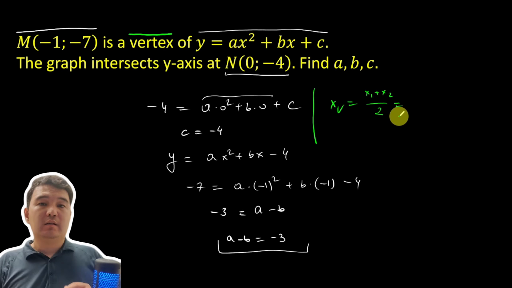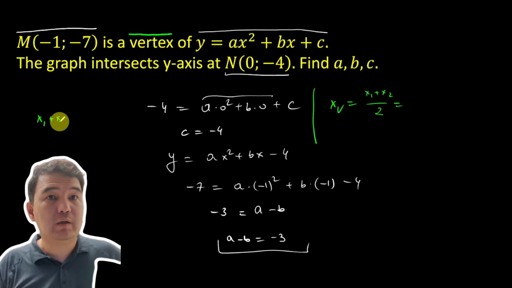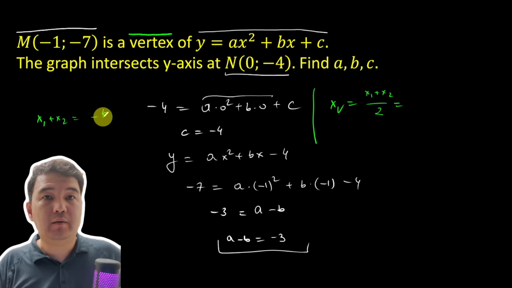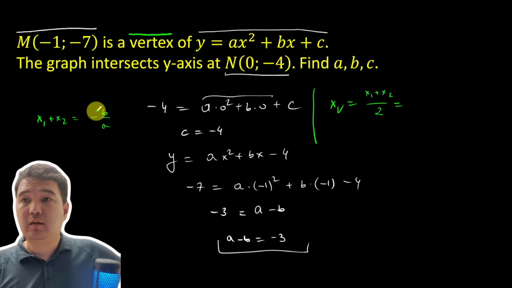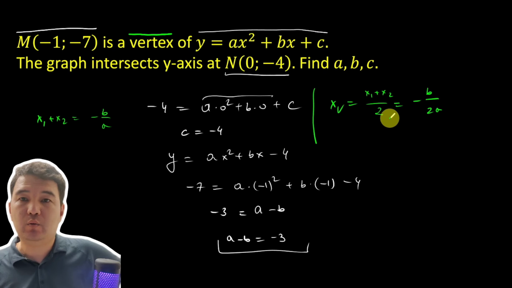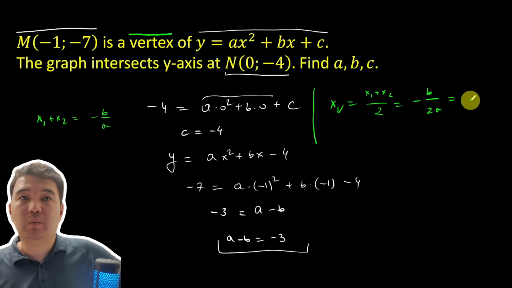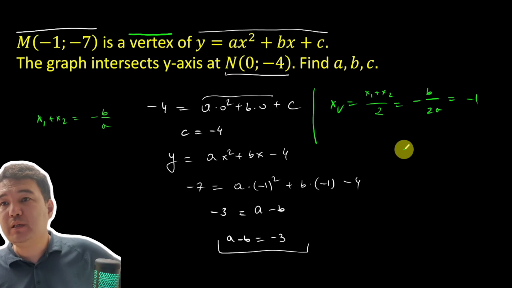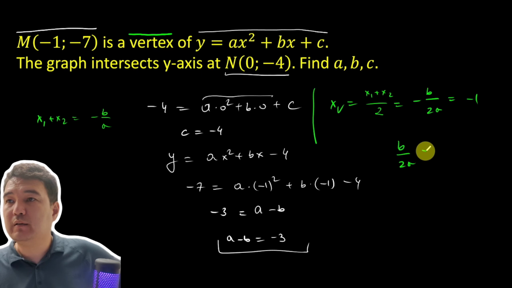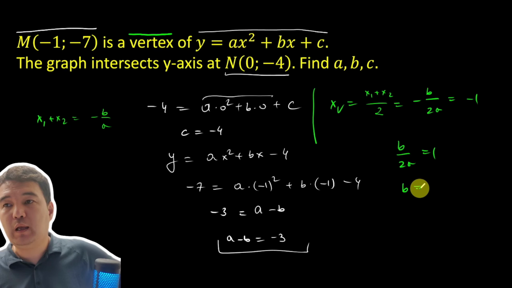Using Vieta's theorem, the sum of roots x1 plus x2 was minus b over a. So let me replace x1 plus x2 with minus b over a, giving minus b over 2a with this 2 divided. Also, we know that xv is negative 1. So b over 2a is 1, canceling out these negatives. Or b is 2a.